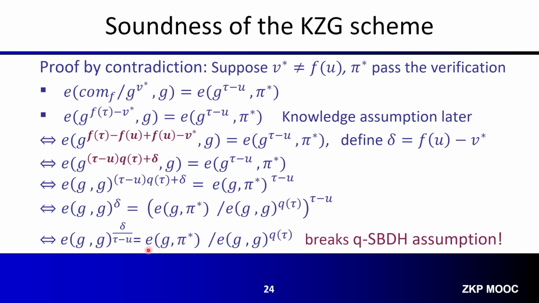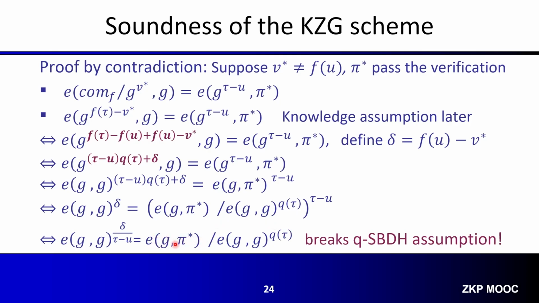And note that the adversary can actually compute the right-hand side with the global parameters only. That is because this e(g, pi star) is known by the attacker because he literally generated the fake proof. And this e(g, g) to the power of q of tau is also known by the adversary because q of tau is the correct proof, and you can't prevent the adversary from computing the correct proof.